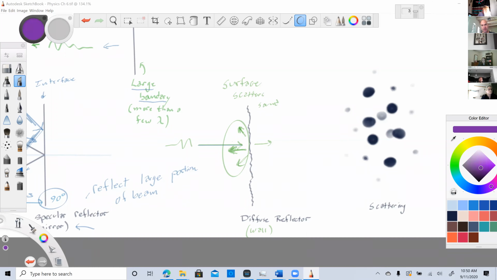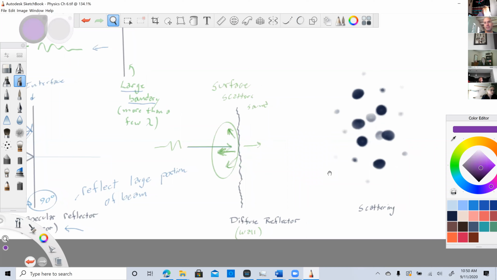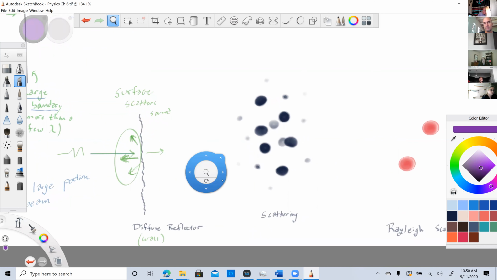Diffuse reflectors, when we're talking about interfaces between one tissue and the next, are more common. And then there's everything else. Every single cell and lobule and connection in the body is a scatterer. Well, except for red blood cells, but I'll tell you that in a second.